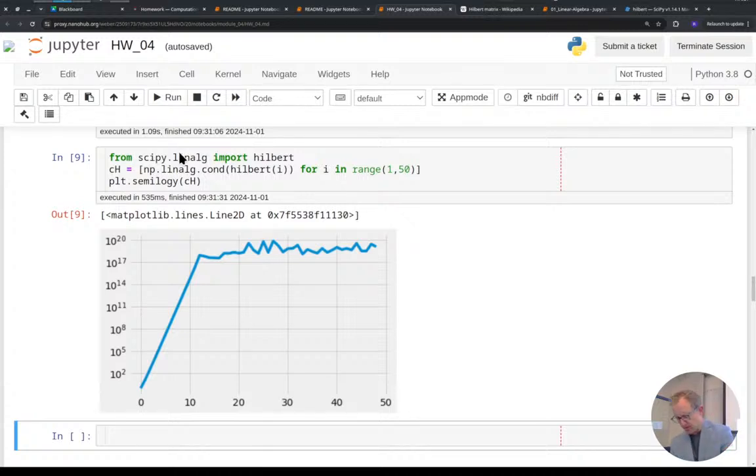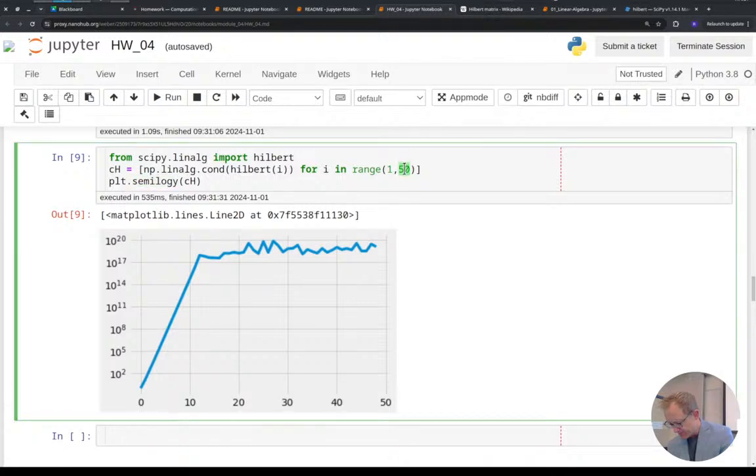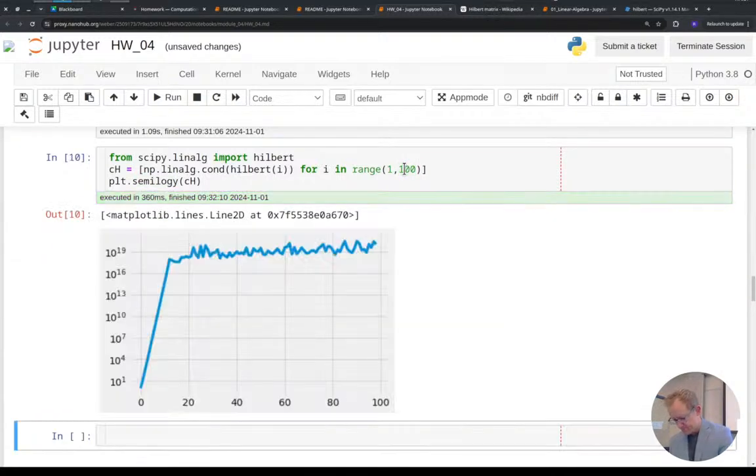So I think even if you go bigger, yeah, it just kind of fizzles out around 10 to the 19. So that might be roughly the upper limit to how badly conditioned something can be. It's probably about 10 to the 19, 10 to the 20.